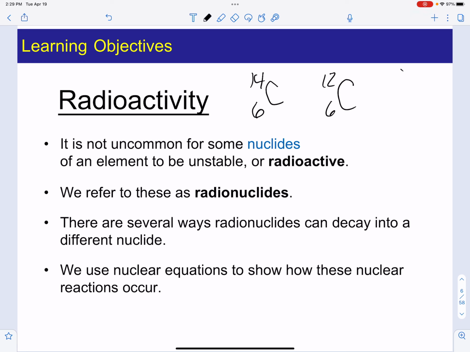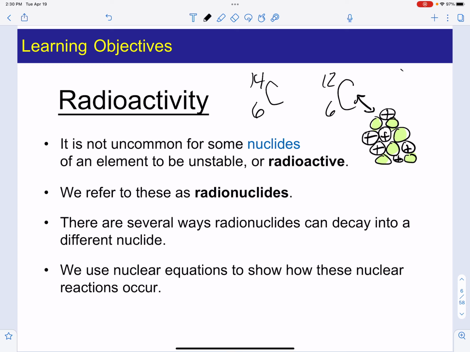So the first one is going to be 6 protons and 6 neutrons. So 1 proton, 2 protons, 3 protons, 4 protons, 5 protons, 6 protons, and 1 neutron, 2 neutrons, 3 neutrons, 4, 5, and 6. So that would be that one there.